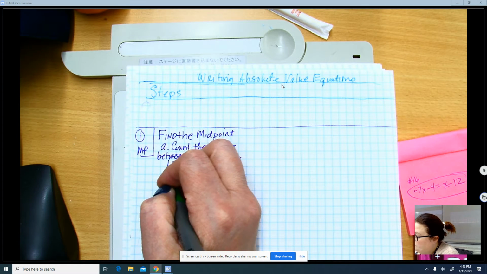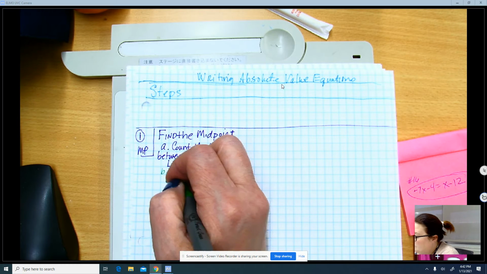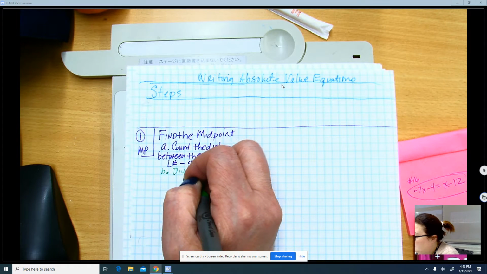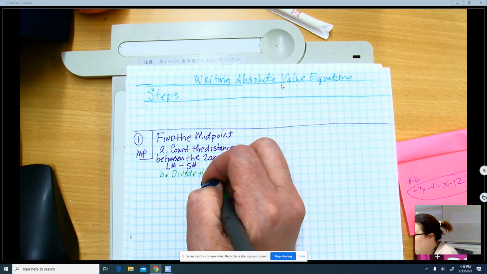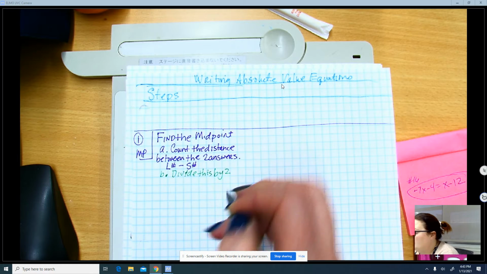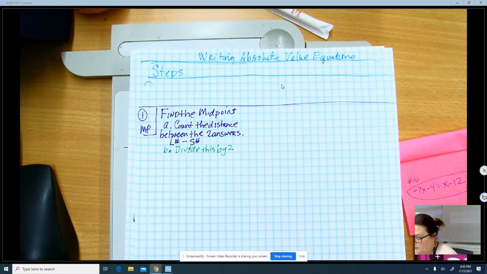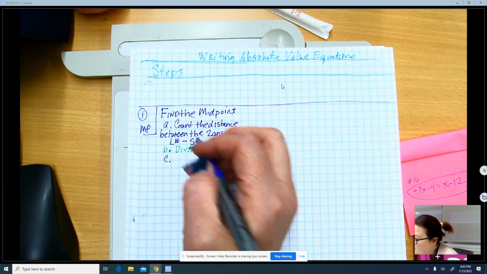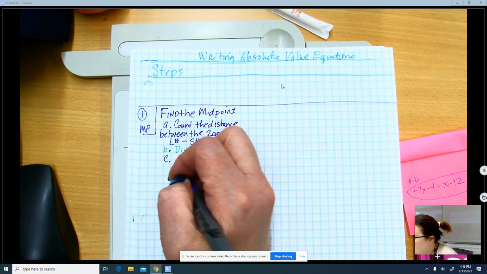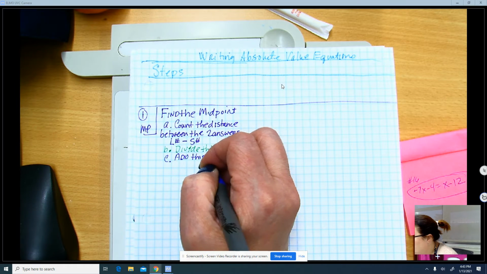Step B is to divide this by 2. So whatever you get in step A, you're going to divide by 2 in step B. And step C of finding the midpoint, you're going to add this to the smallest number.